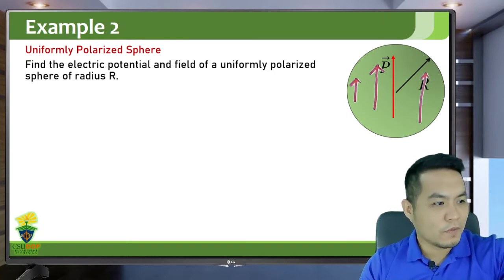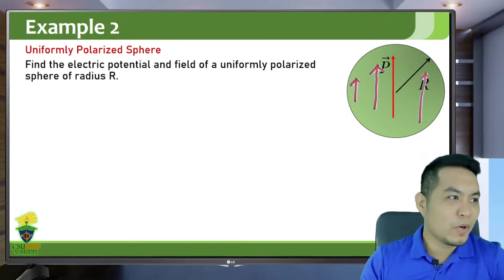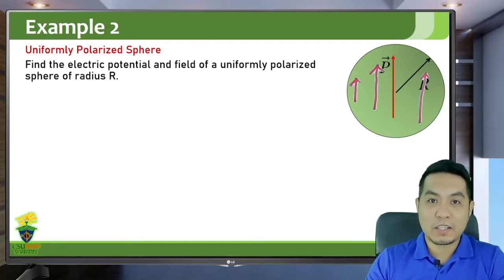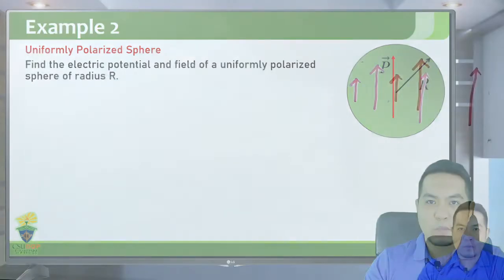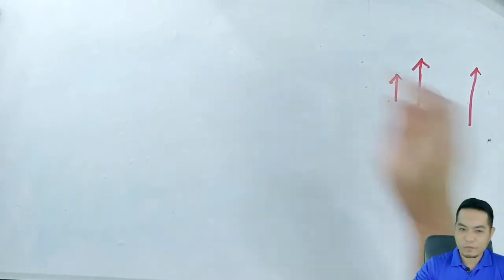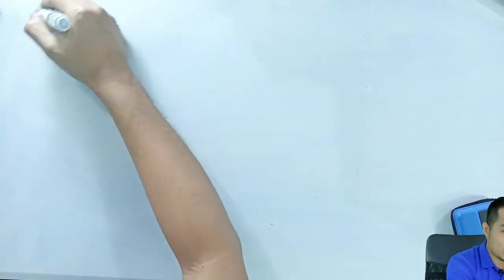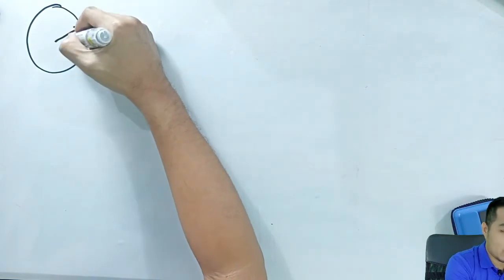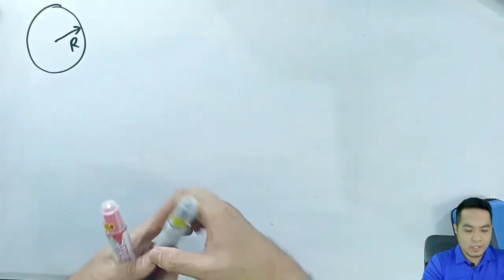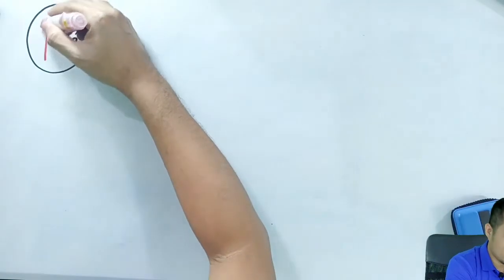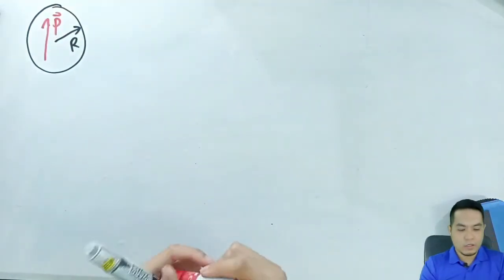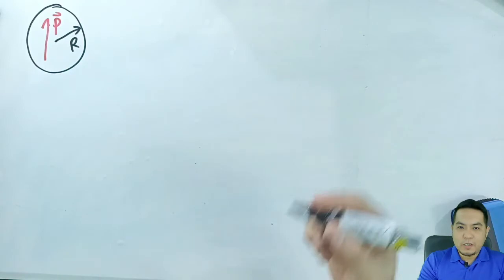In order to solve this, we need the general solution for finding the potential in spherical coordinates. I'm just going to go to my board mode here, and I will try to draw the problem again. So we have a sphere of radius R and uniform polarization P. Are there bound charges here?